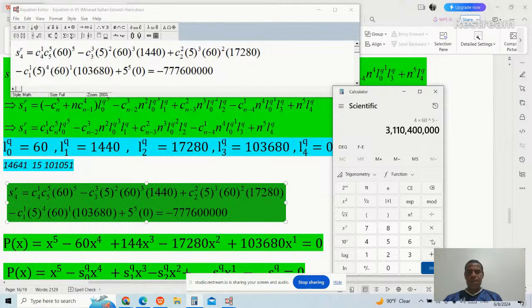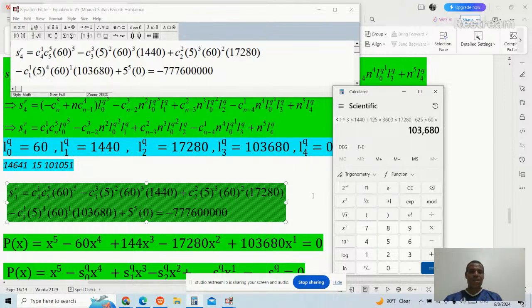Minus, learners, minus 25, 5 squared, times 60 raised to the power 3, times 1440, plus 125 times 60 squared, which is 3600, times 17,280, minus 5 raised to the power 4, which is 625, times 60 times 103,680, plus 5 raised to the power 5 times 0, so it's 0.